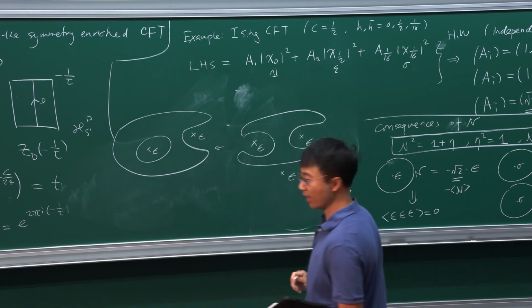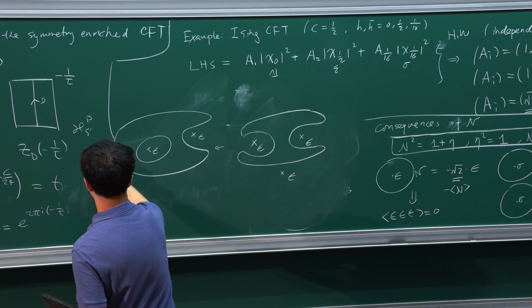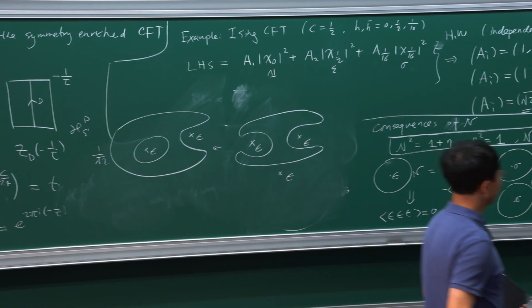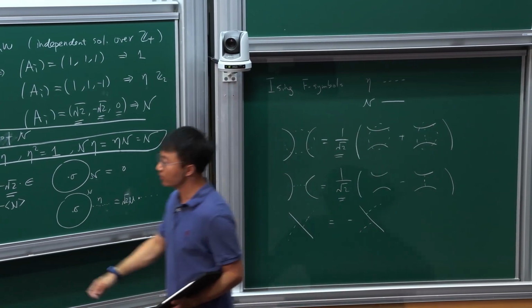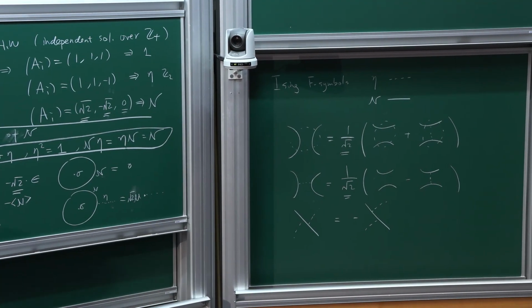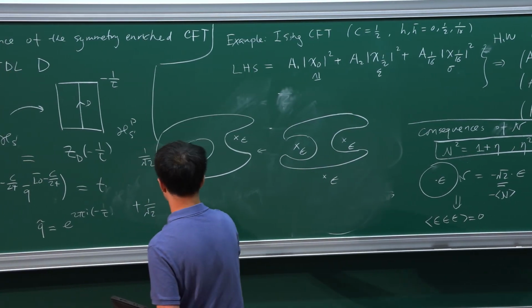So this diagram we have up to a cost of 1 over square root 2 using a rotated version of this picture. And the other diagram we have is with plus 1 over square root 2 with this picture.